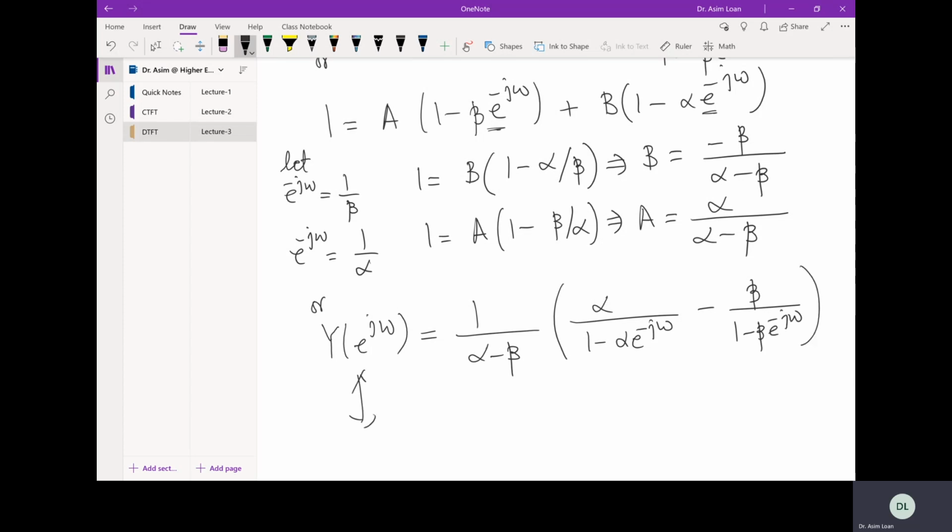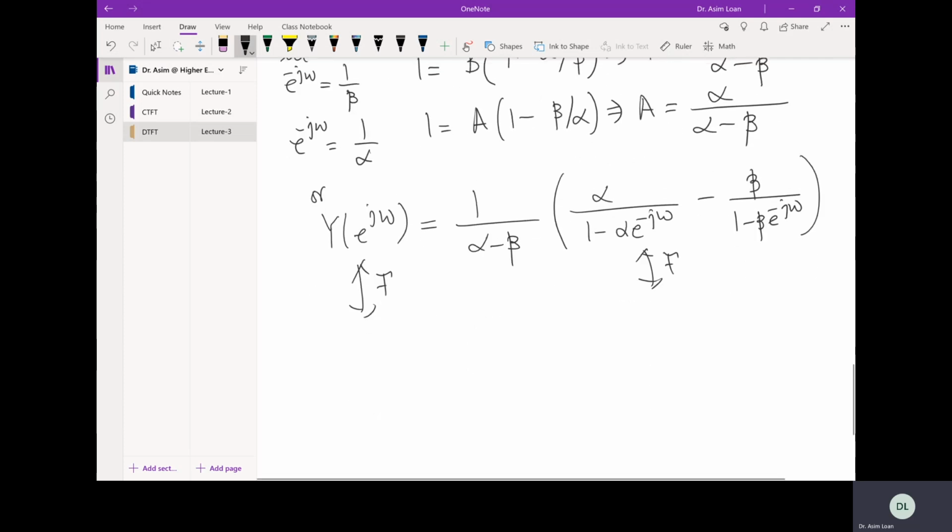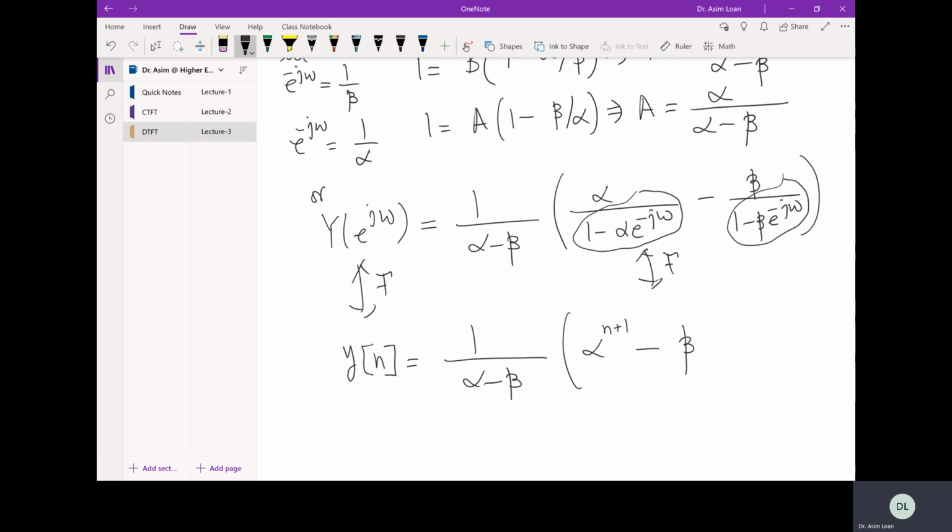If I take the inverse Fourier transform here, I'll get y of n equals 1 over alpha minus beta into alpha^(n+1) minus beta^(n+1), this whole u of n.